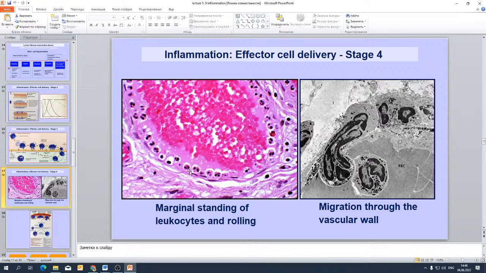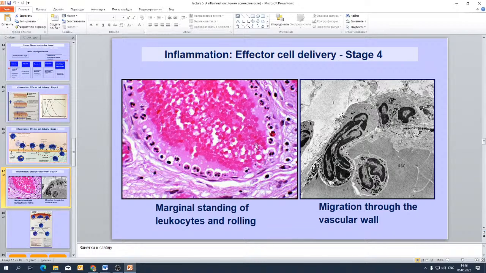And this is a stained picture on microslides. In the center of the vessels you see erythrocytes. Here are segmented neutrophils, leukocytes.